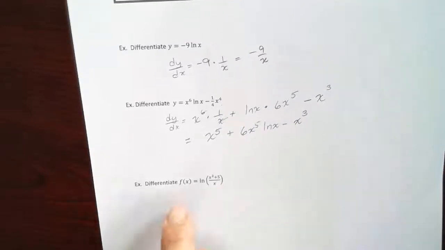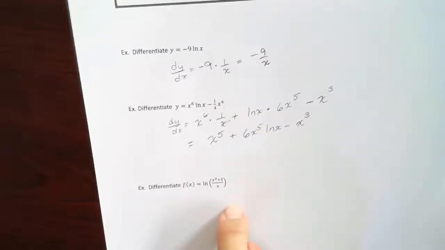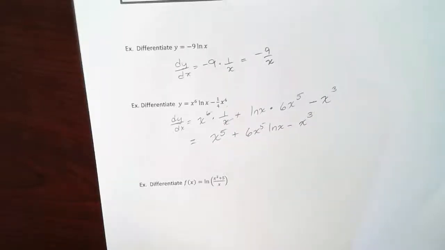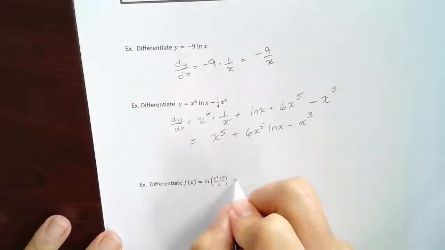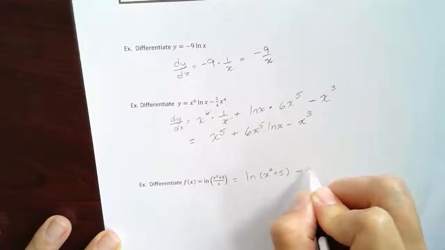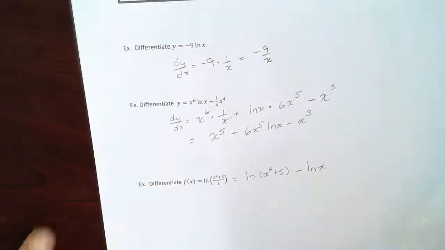Okay, let's go ahead and do the derivative. Notice that we have a quotient, which means we can use the quotient property of logs here. Let's split this up. It's going to be the natural log of x squared plus 5 minus the natural log of x. That way we don't have to use quotient rule when we do the derivative.